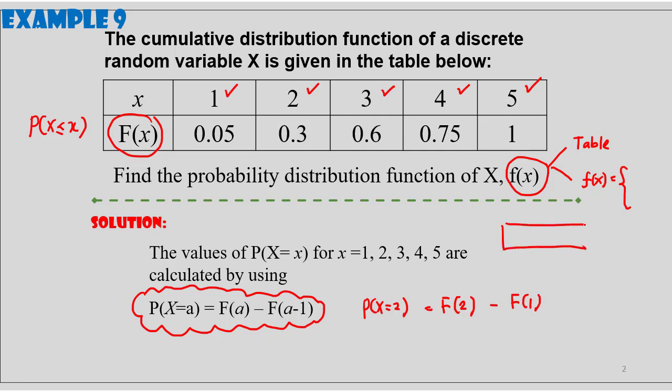By using the box, when this is 1, this is 2, and this is 3, when we are finding 2, we use F(2) minus the empty box, which is cumulated until 1. Therefore we get F(2) minus F(1). Here we have 5 values, so we need to find 5 probabilities.